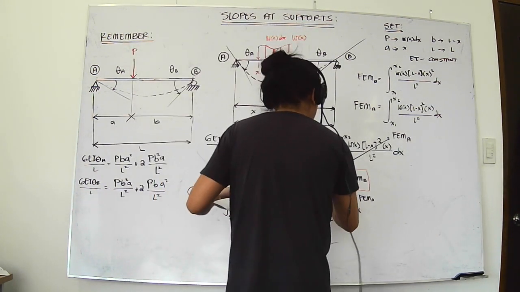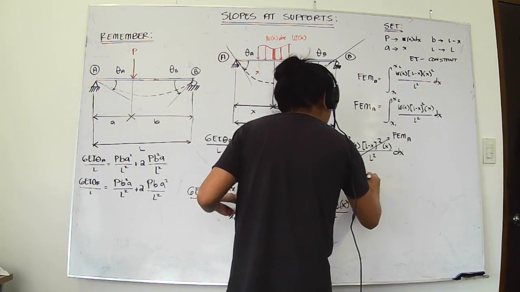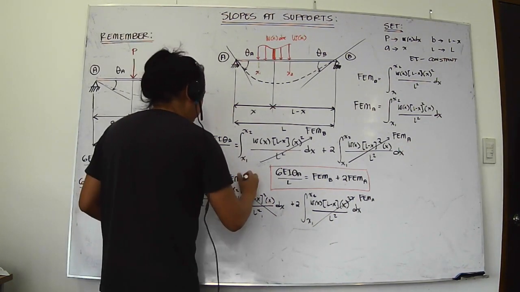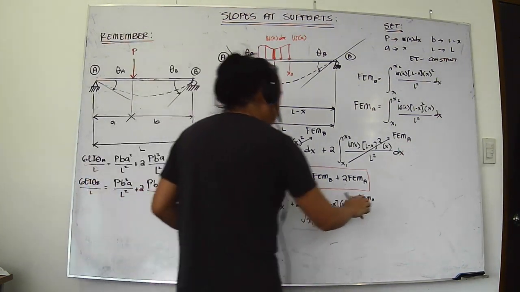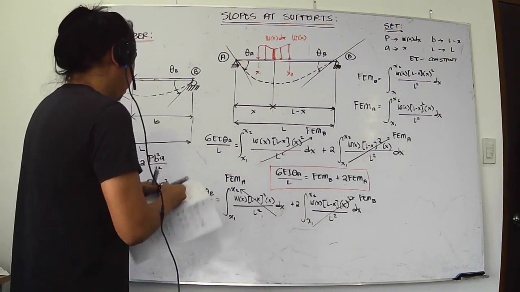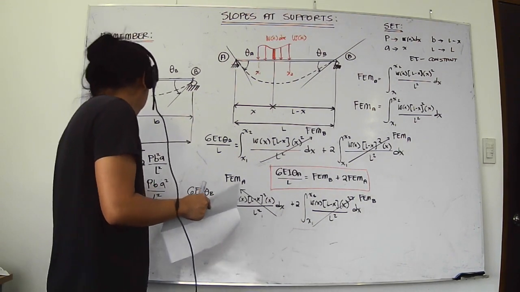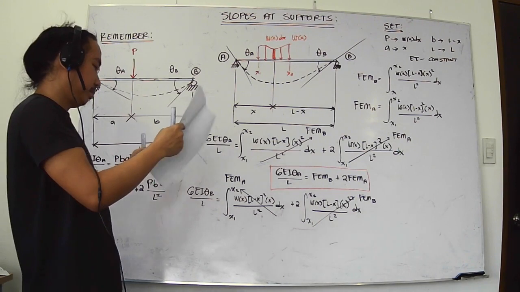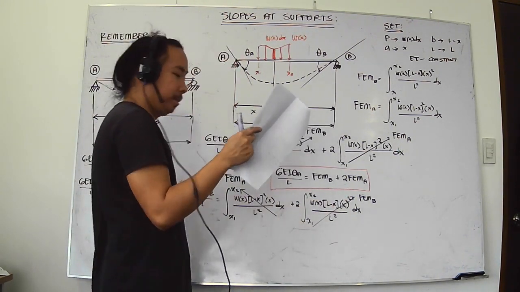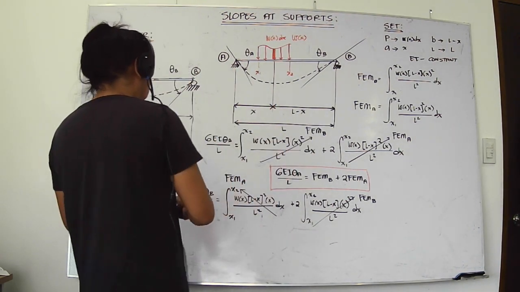So this is FEM B, and this is FEM A. Sorry about that. This quantity is FEM A, since it is always B squared for FEM A. A squared is for FEM B.